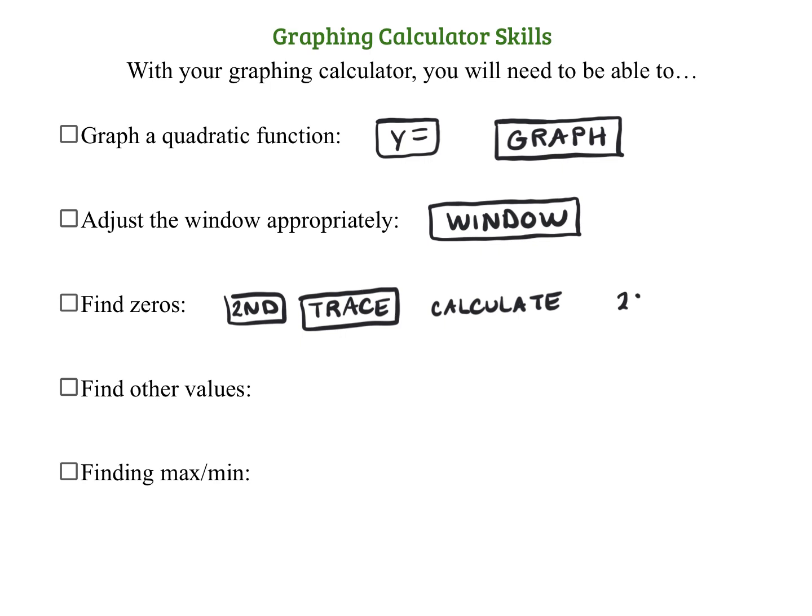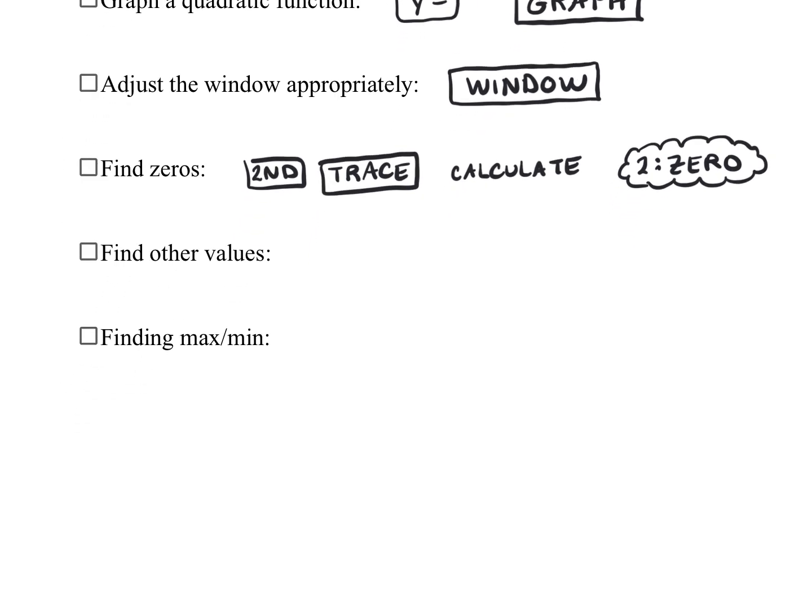So you're actually going to use option 2 for this one, which is 0. So you could scroll down and hit enter, or just hit the number 2. And then there's going to be a process it goes through. It's going to ask you to identify a point to the left of your 0 and a point to the right of your 0. And then you'll have to hit enter a third time. But we'll kind of talk about that process as we do some of these problems.